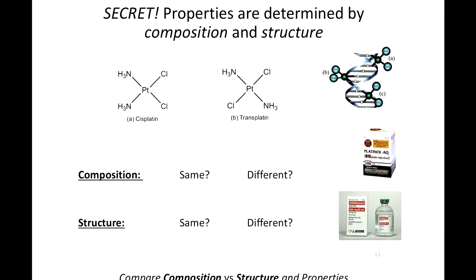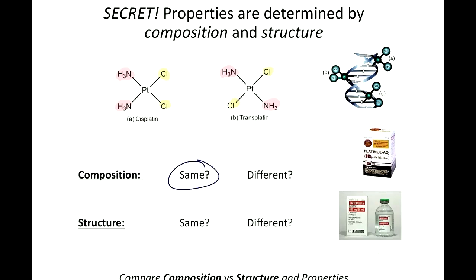Okay, here's an example, right? I have 2 different compounds. Platinum, 2 chlorines. All right, and then both of these substances have these NH3s attached to them. So look at these 2 compounds, cisplatin and transplatin. Composition, are they the same or different? Same, yes, both of them have platinums, chlorines, NH3s.